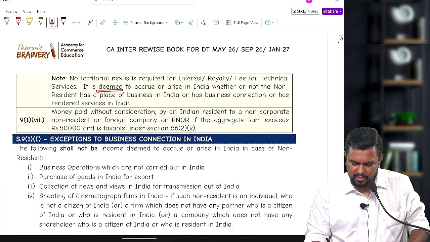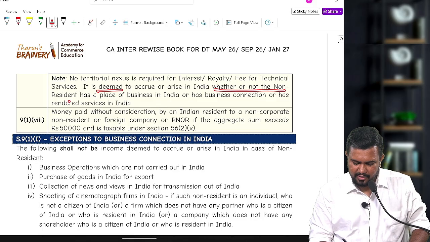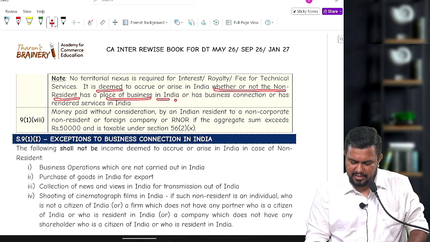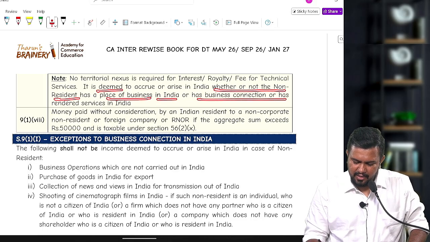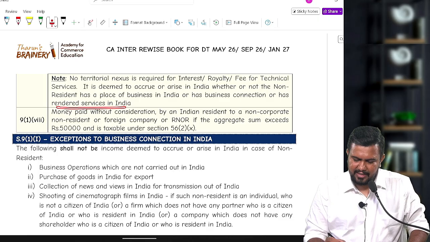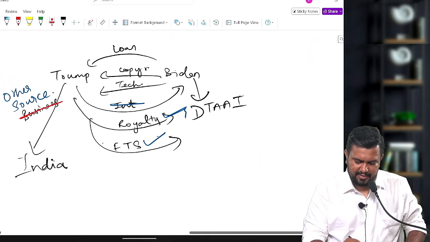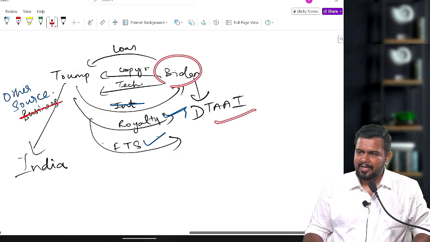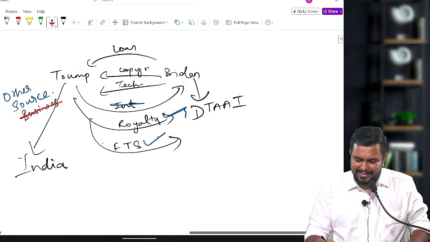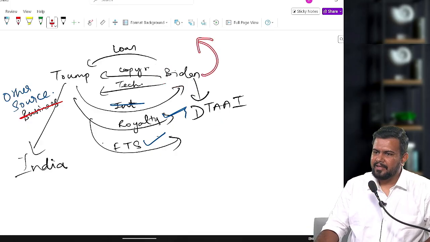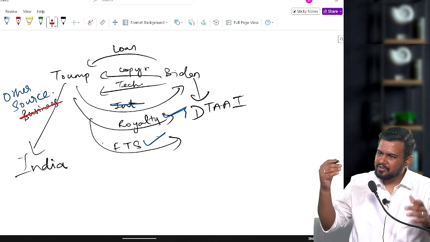It is deemed to accrue or arise in India, whether or not the non-resident has a place of business in India, or has a business connection, or has rendered service in India. So listen, for this Biden, I am telling you, it is deemed to accrue or arise in India. Is it necessary that Biden should be in India? No, it is not at all necessary.